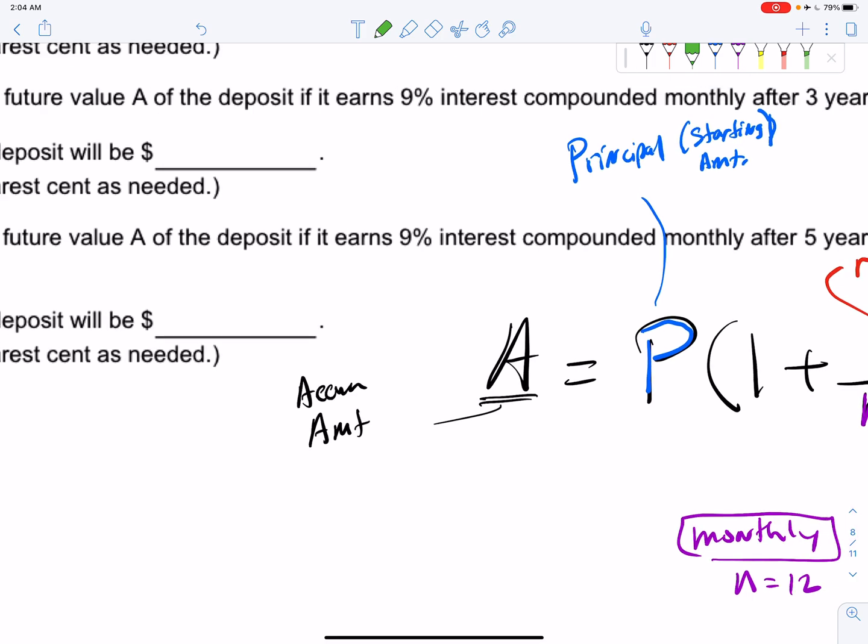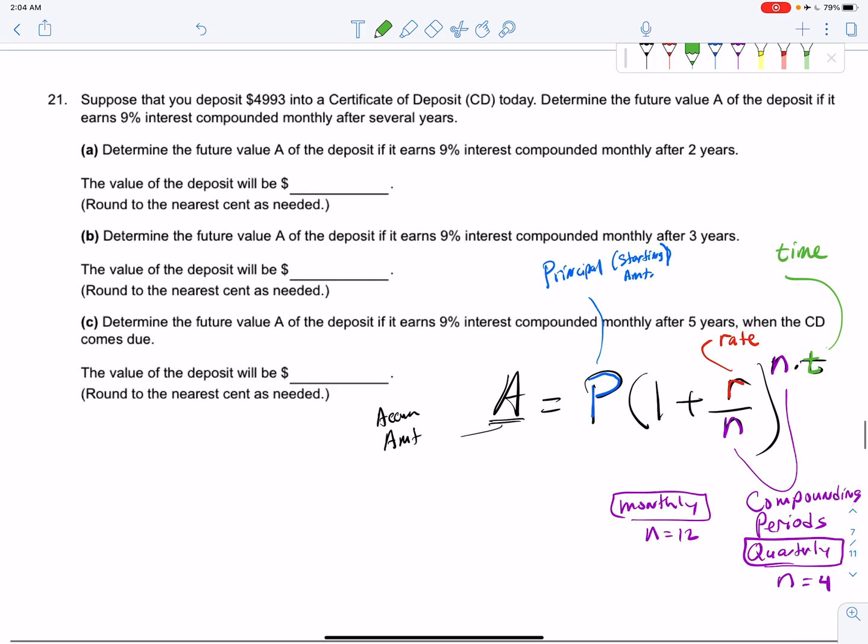Okay, let's see if we can do this problem now. So suppose that you deposit $4,993 into a certificate of deposit, also known as CD, today. Determine the future value A of the deposit if it earns 9% interest. So we've got some important little pieces coming here.